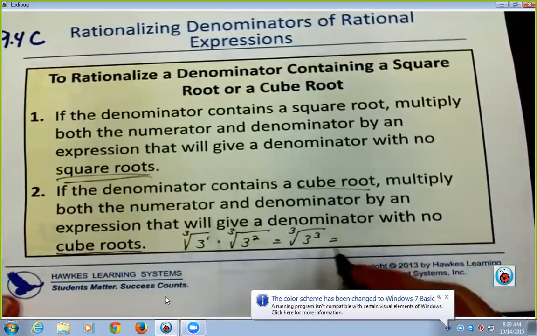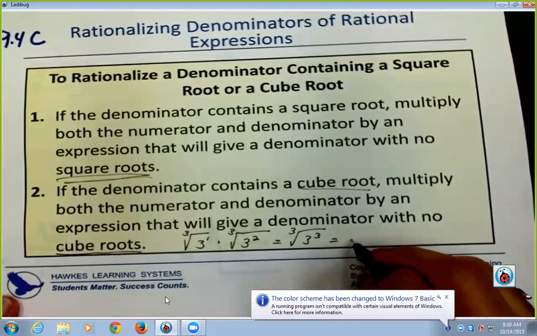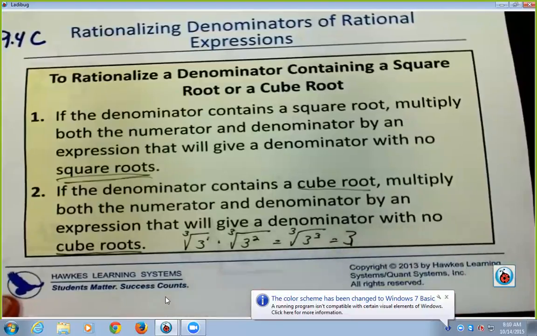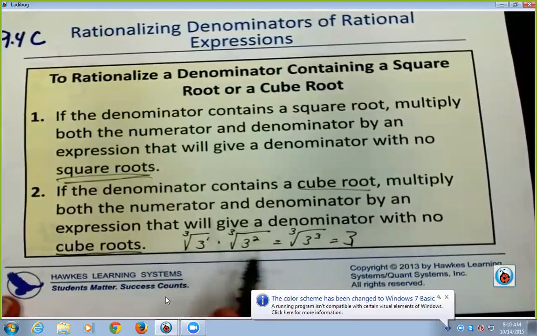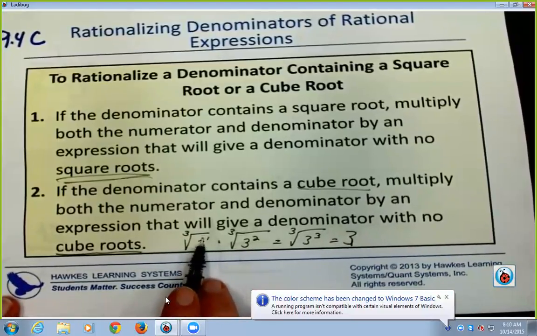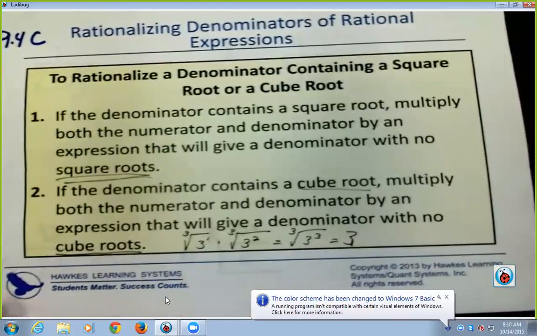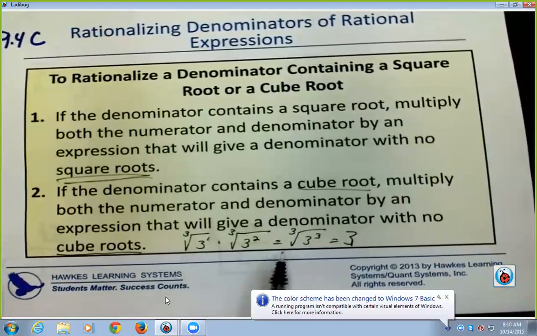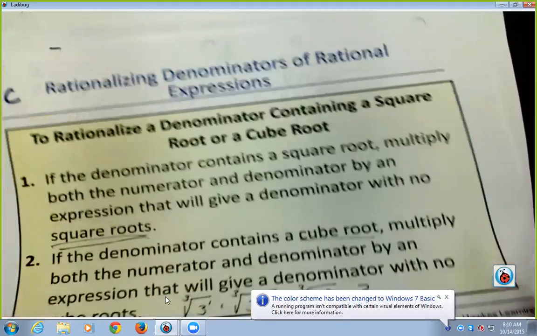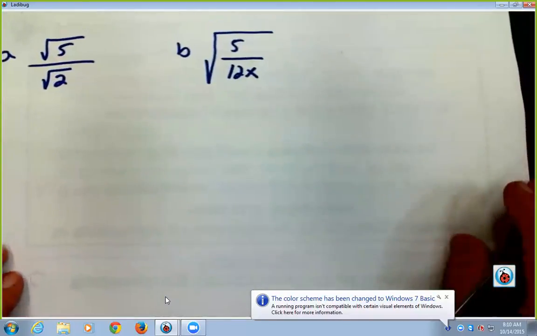Then I can end up with just plain 3 when I'm all done. So in cube roots, we have to watch what the value is here and what we need to multiply it by in order to remove it. Cube roots are a little different, and we'll work with those as we go through these.